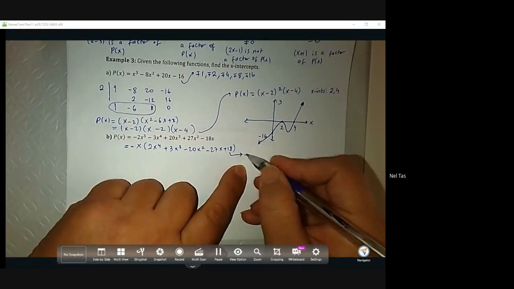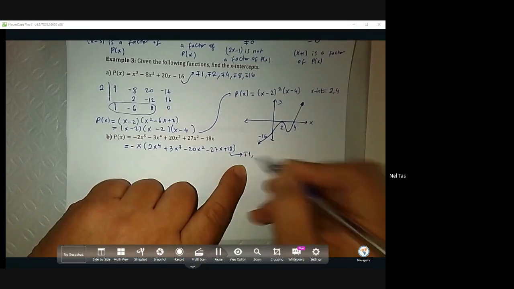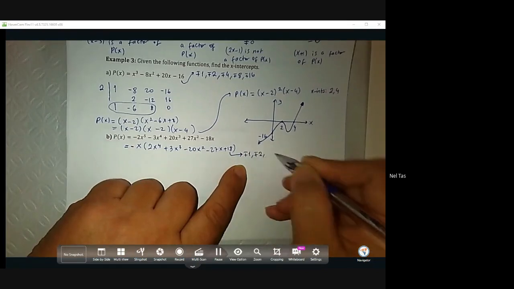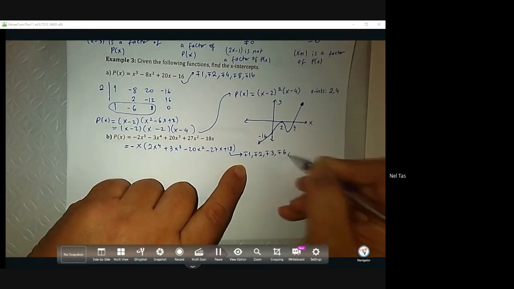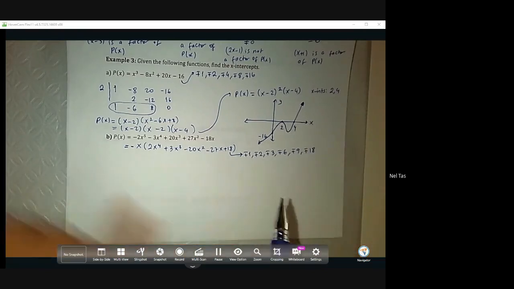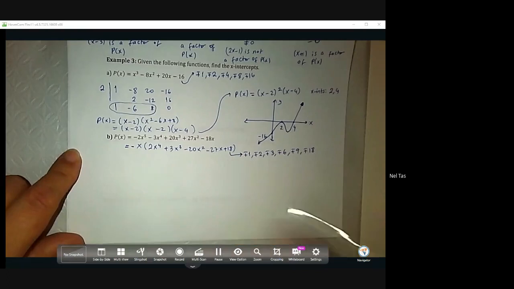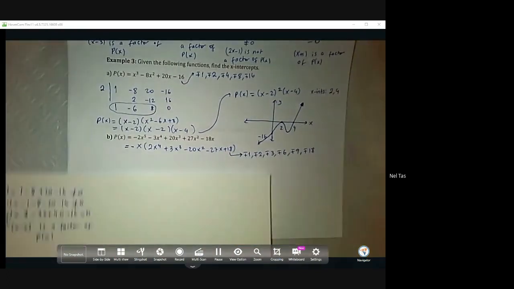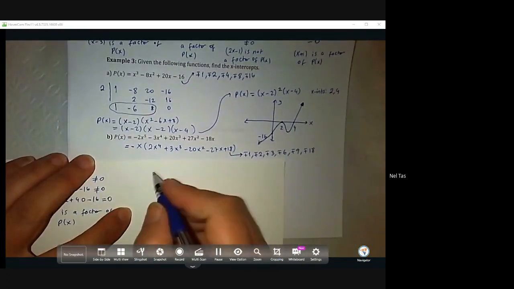That is plus and minus 1, plus and minus 2, plus and minus 3, plus and minus 6, plus and minus 9, plus and minus 18. Then we start. I'm going to use another piece of paper here, and start trying.